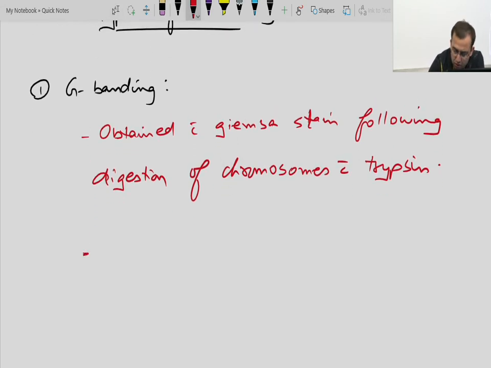Next point, this shows us two bands, the light and the dark bands.